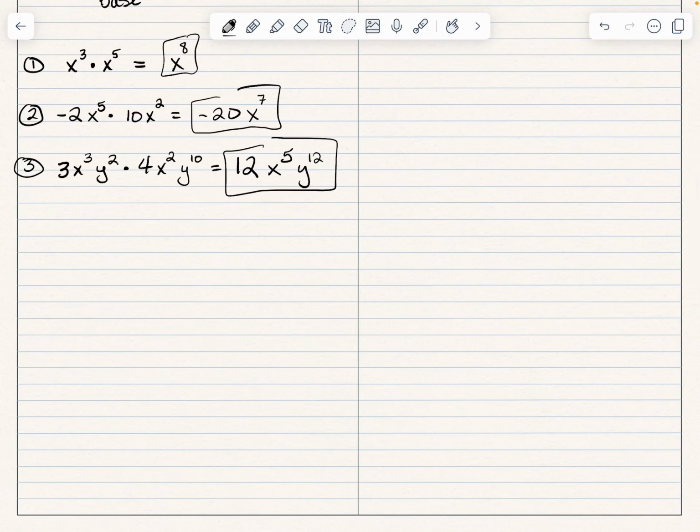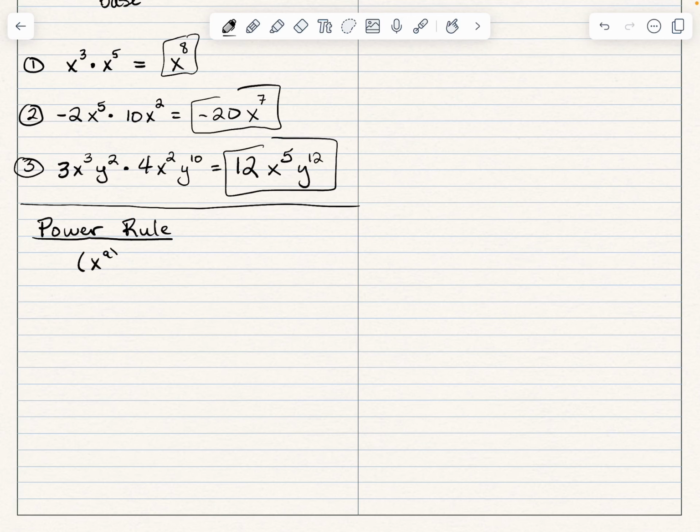Now we're going to talk about our second rule, and that's going to be our power rule. The power rule takes place when we raise an exponent to another exponent.